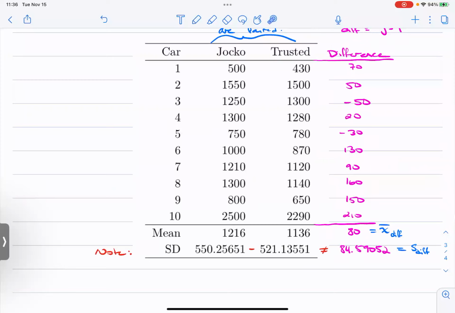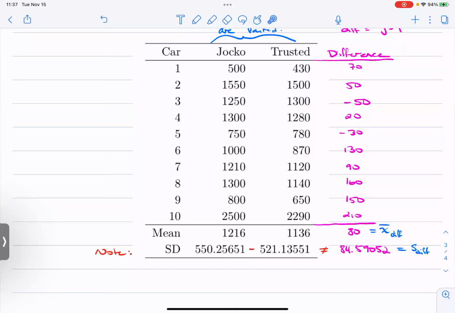I remember when I first was learning about paired data or matched pairs, I could not wrap my head around the sample size. I think I was always hung up on, well, I had 20 observations, so what?